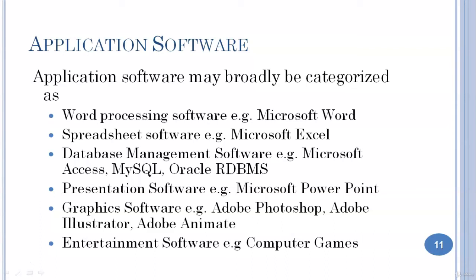Next type of application software is the entertainment software, and computer games are a good example of entertainment software. The computer games may be single player games or they may be played by multiple people over a network, such as the internet.